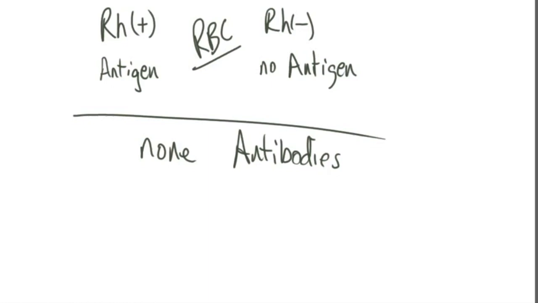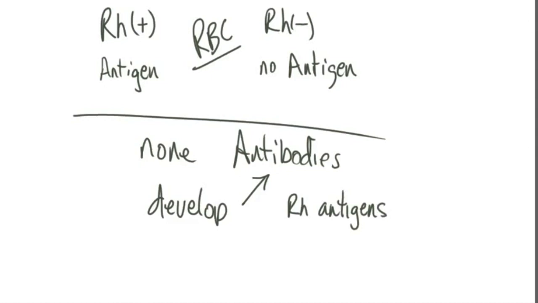The only way that you develop the antibodies is if you get Rh antigens somehow into an Rh negative person's blood.